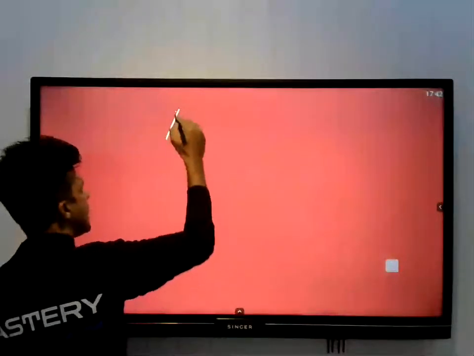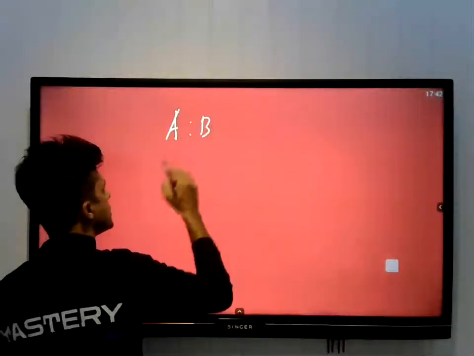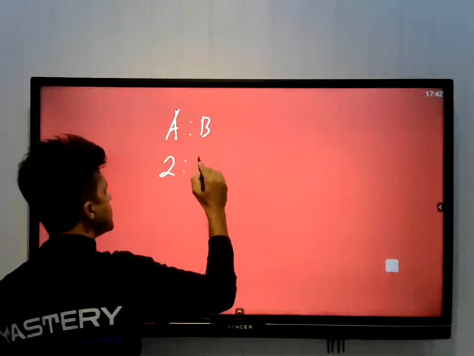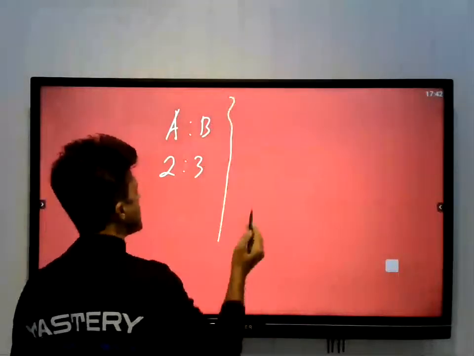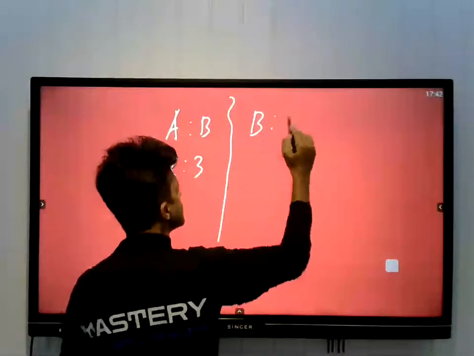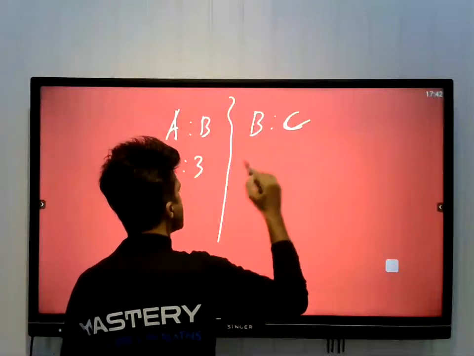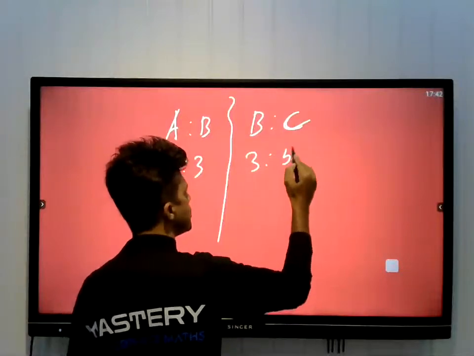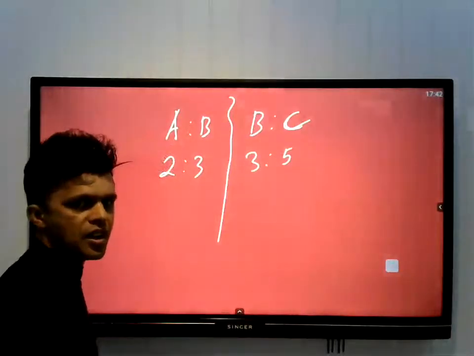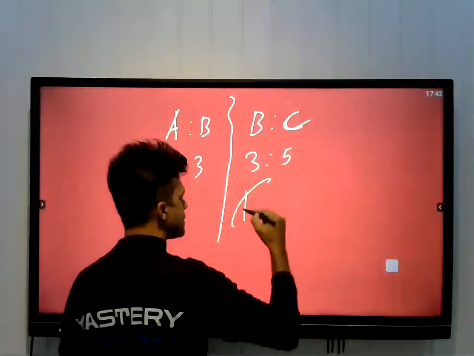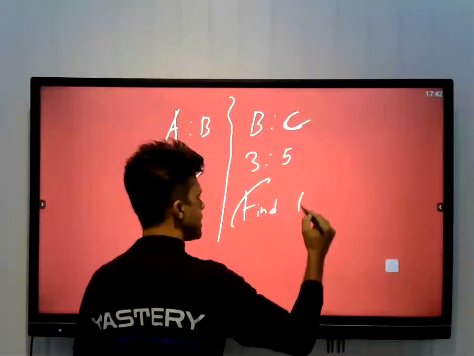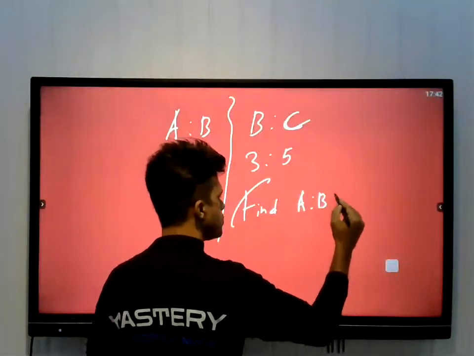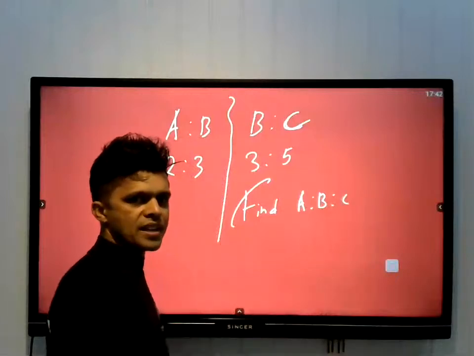It is given that A to B is 2 to 3 and B to C is 3 to 5. Find A to B to C. How can you find it?